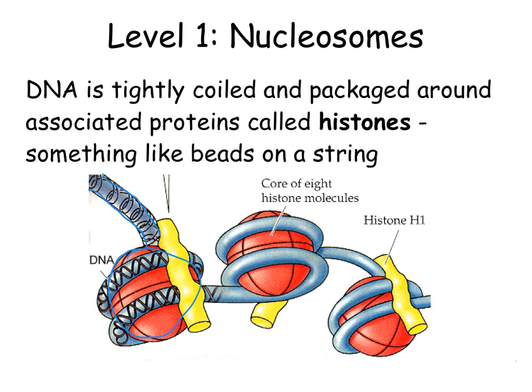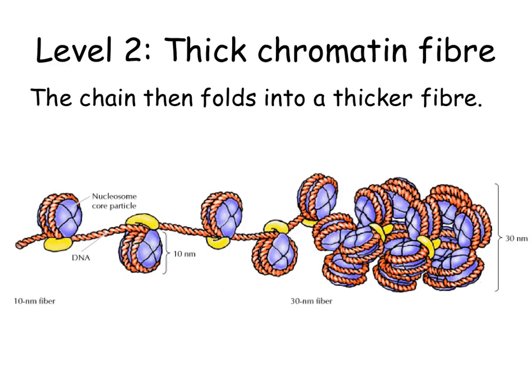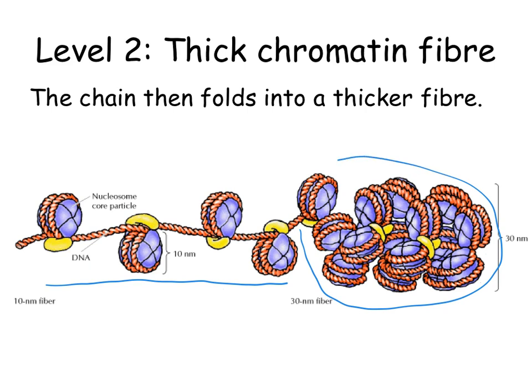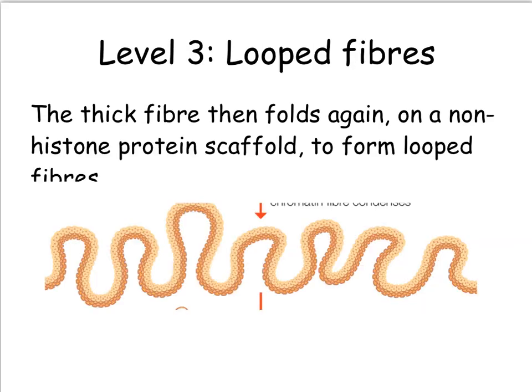They look a bit like beads, and you could think of it like a piece of string being wrapped around beads. This string of beads then packages itself up further, where they package together to make a thicker fibre. It's known as chromatin. And that thicker fibre then folds again on a protein scaffold to form loop fibres.